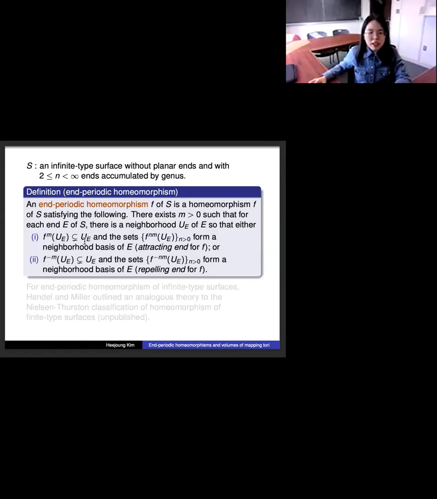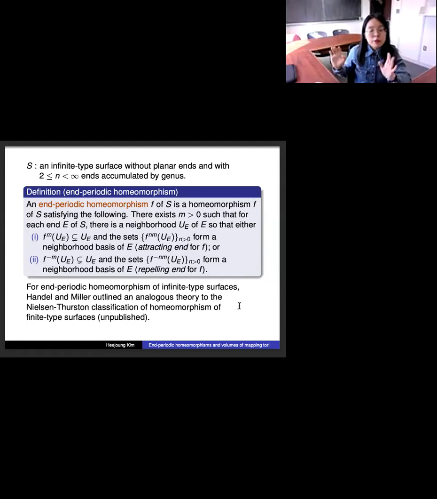In the first case, the end is called an attracting end, because we think about positive powers. The second case is called a repelling end, because we think about negative powers. So informally, an end periodic homeomorphism is a shift by one in the ends.